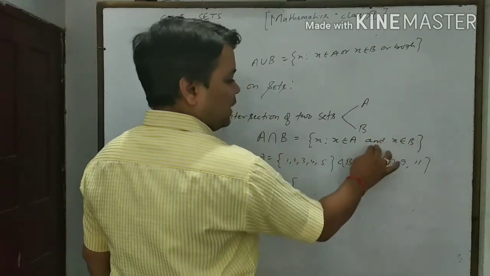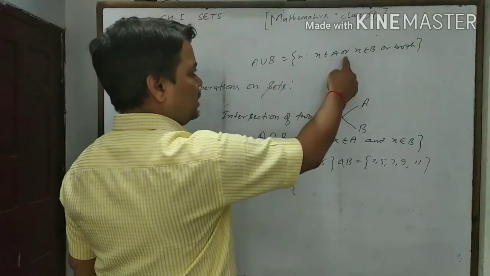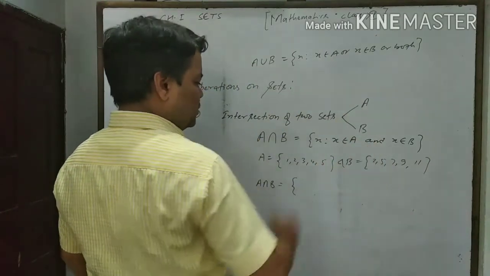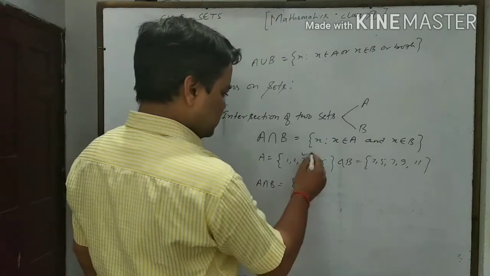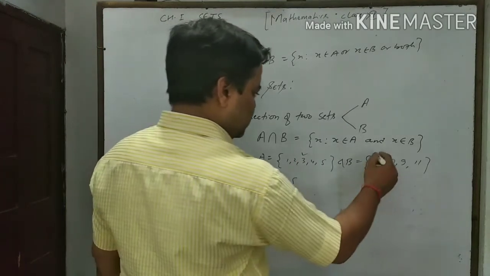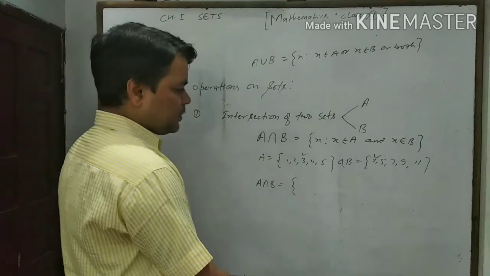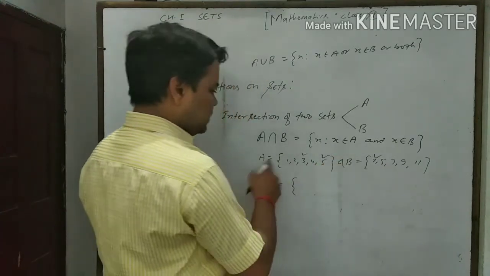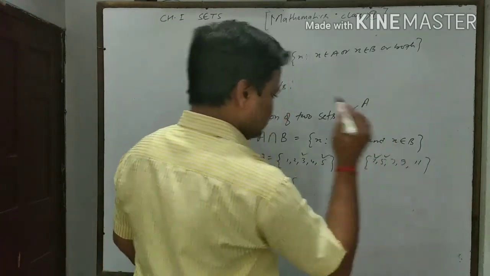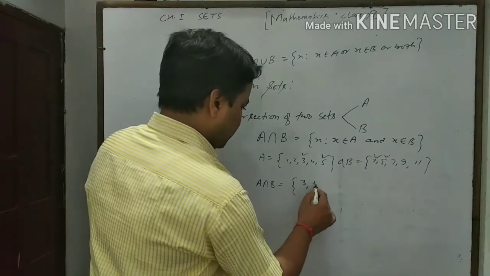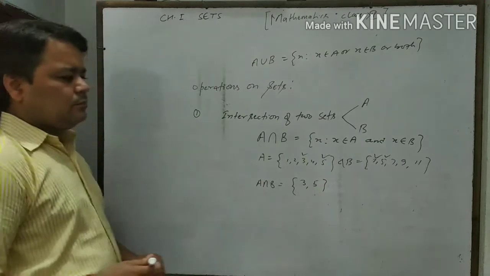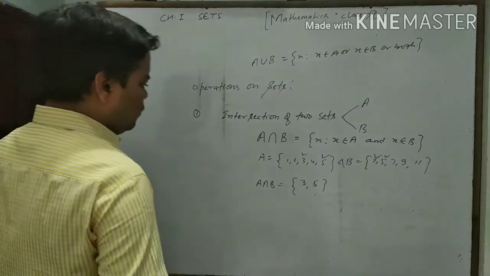And here and, and in union or. So which is common in both sets? Here 3, in set A also and in set B also. After that 5, in set A also and in set B also. Therefore A intersection B is what? 3 and 5. Okay. Now the Venn diagram.